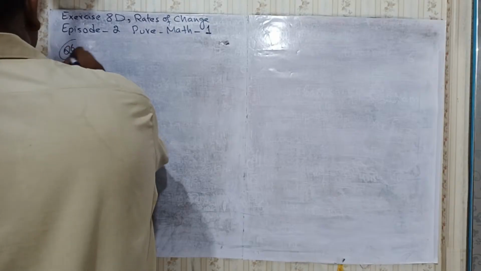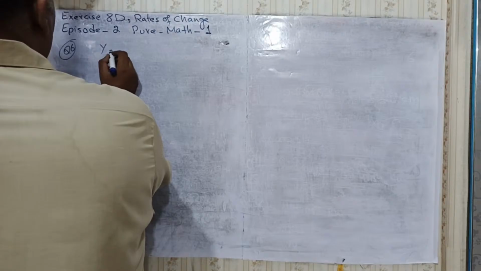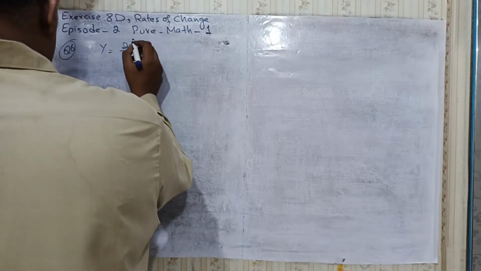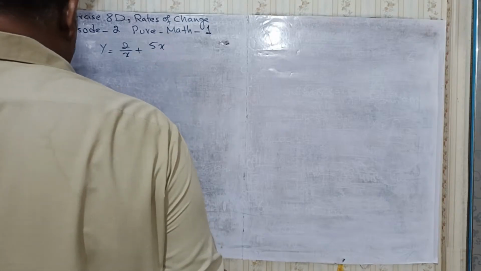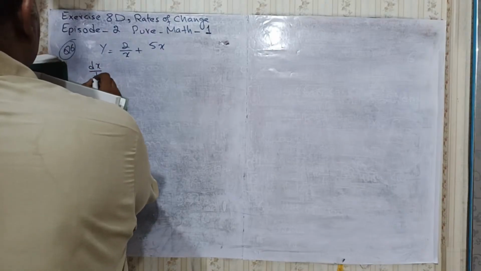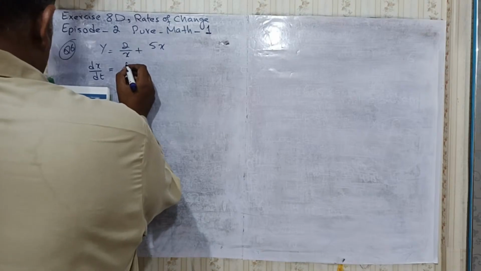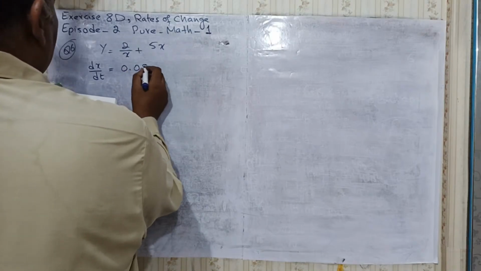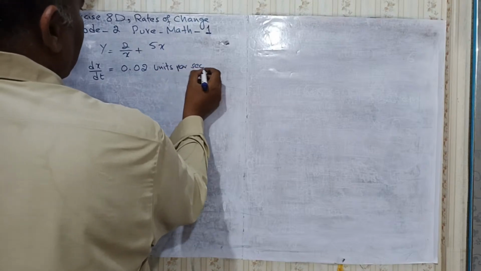So we are talking about question number 6 here. The equation is given: y is equal to 2 divided by x plus 5x. The rate of change of x is given, dx by dt is equal to 0.02 units per second.